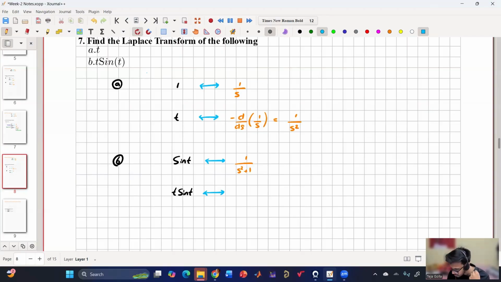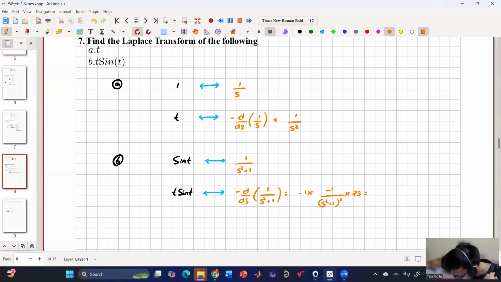Minus d by ds of 1 by s square plus 1. Yes, very good. So now if we do the differentiation of this, we'll have minus 1 into minus 1 by s square plus 1 whole square into 2s. So this is 2s by s square plus 1 whole square. So this is the Laplace transform of t into sine t. So is this clear until this point? Everyone?